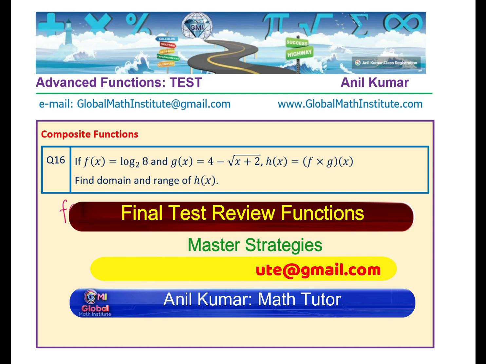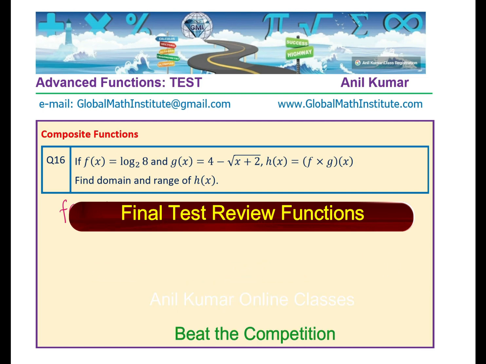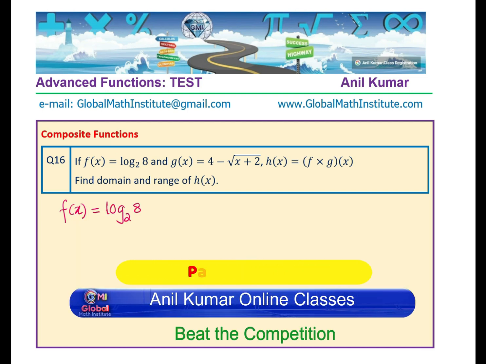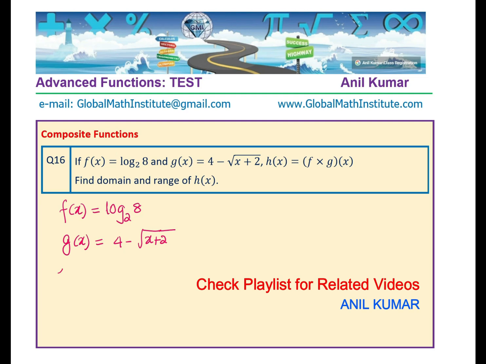So let's write down what is given to us. We are given f of x equals log to the base 2 of 8. g of x is 4 minus square root of x plus 2. And h of x is the product of functions, right?